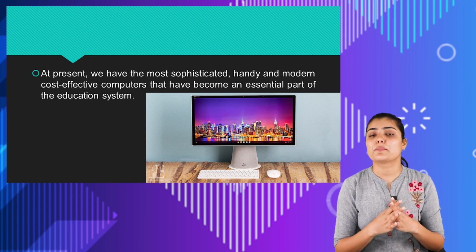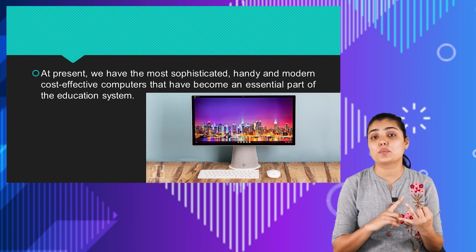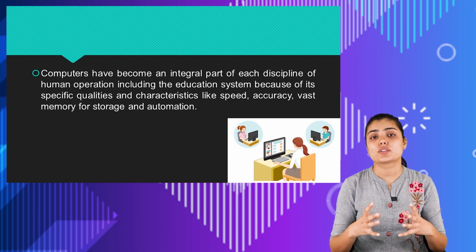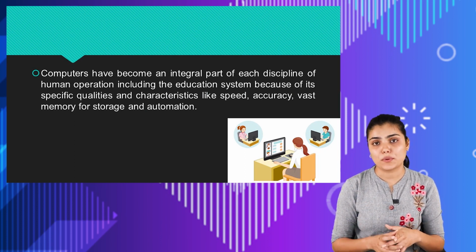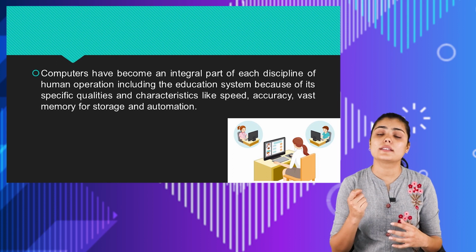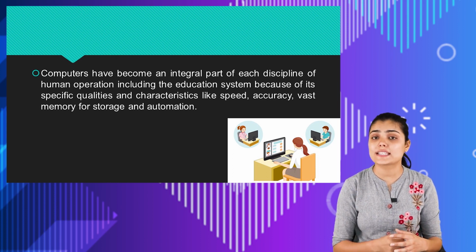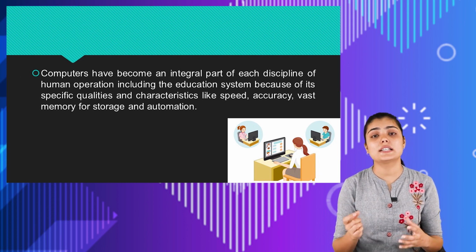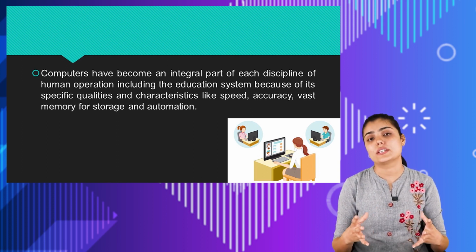The characteristics of computers are accuracy, the speed at which the computer works, and the vast memory or storage capacity of the computer. So a computer is a very fast electronic device, and it is also accurate in giving the desired result, as well as having a vast storage capacity.